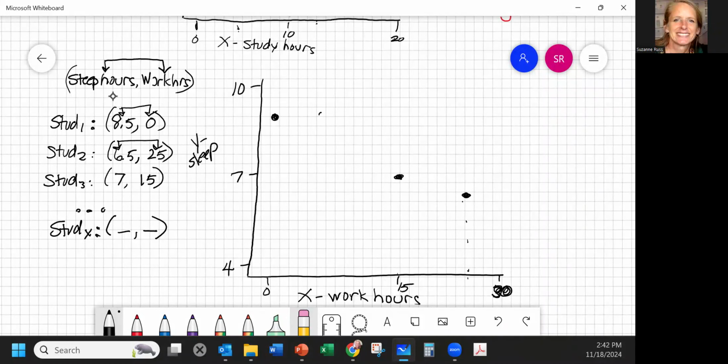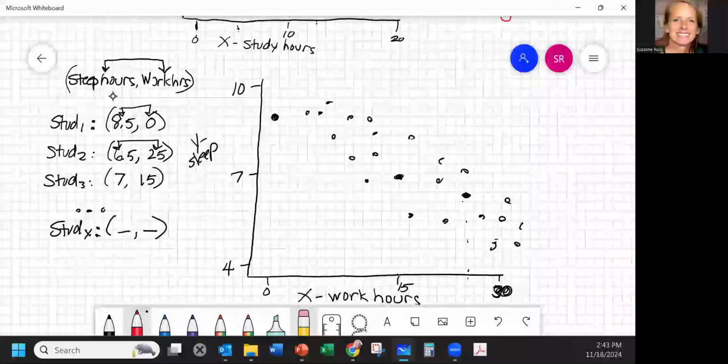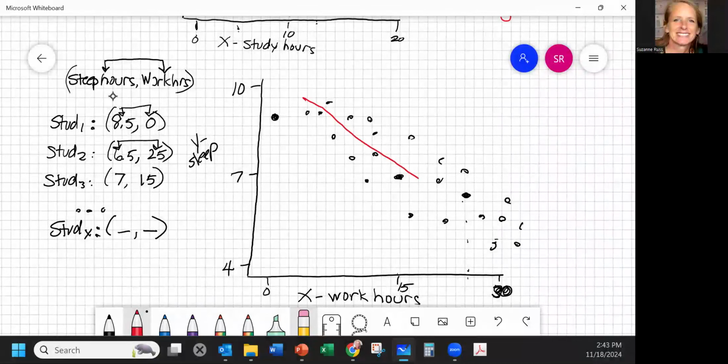And if we continue to plot points out for all of these other students, maybe we would have revealed a relationship like this, suggesting that as the number of work hours increased, the number of sleep hours decreased. So maybe we'd get something like that. In this case, we can still draw a straight line through the points, but this time it's going in a downward direction.